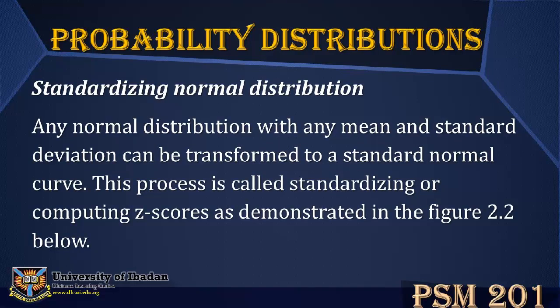Standardizing normal distribution. Any normal distribution with any mean and standard deviation can be transformed to a standard normal curve. This process is called standardizing or computing z-scores as demonstrated in the figure 2.2 below.